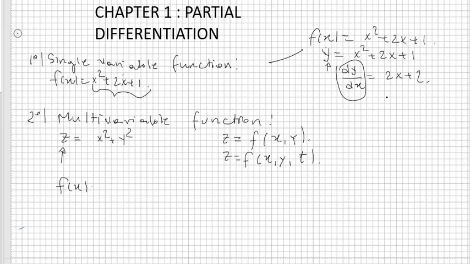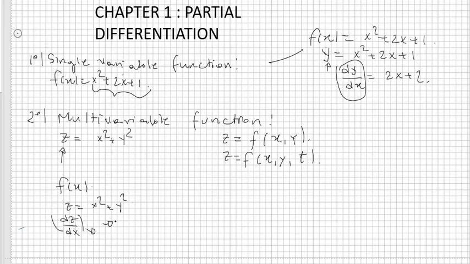When we have a multivariable function, the derivative notation will change as well. For instance, let's consider this function. If we say z is equal to x squared plus y squared, they will never ask me to determine dz over dx. This notation is wrong, because it is only applied to a single variable function.